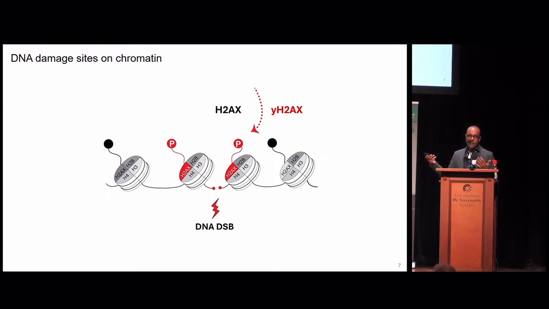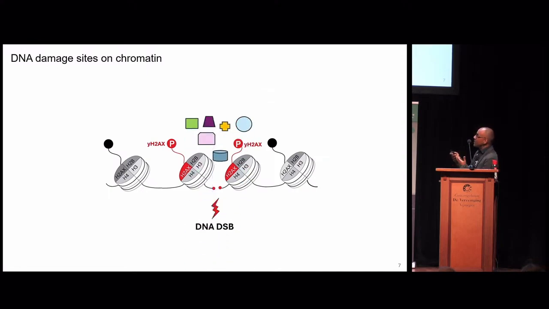Gamma H2AX is a very important and well-characterized hallmark of DNA damage, as you might have seen before. This histone gamma H2AX serves as a signaling platform for the recruitment of many proteins, not only to deal with the DNA repair, which is also very well characterized, but also to allow the chromatin to fold and to adapt to the new scenario, which is a damaged chromatin.